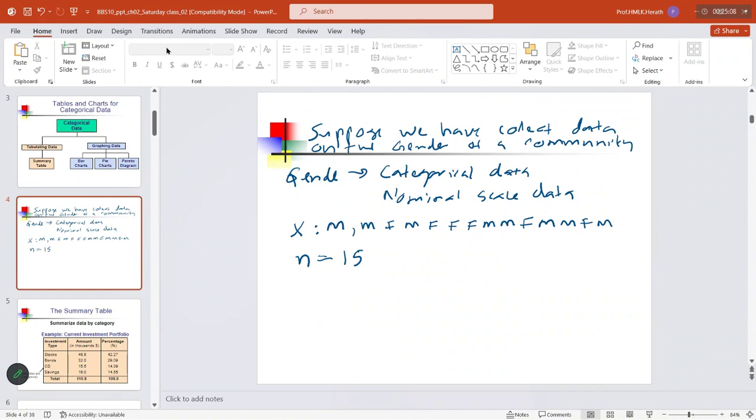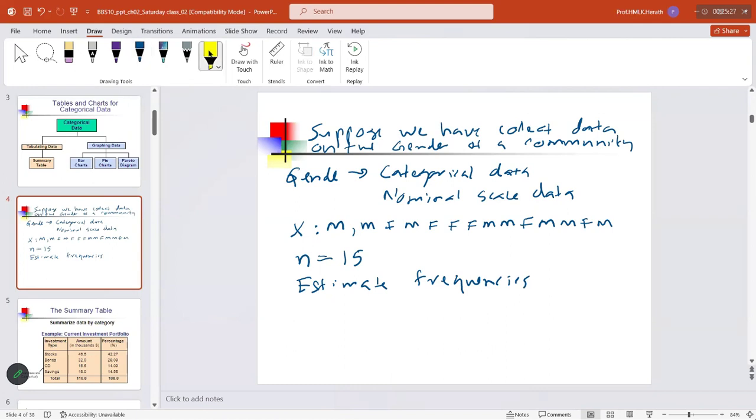So now we can estimate frequencies. With categorical data, we will estimate frequencies.